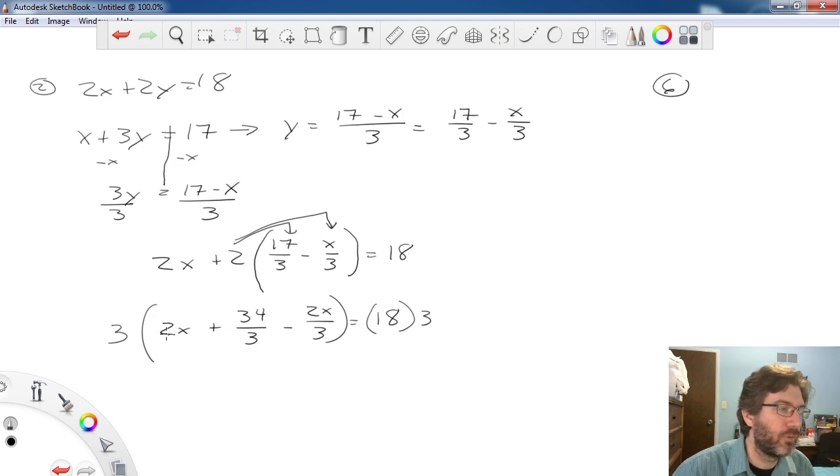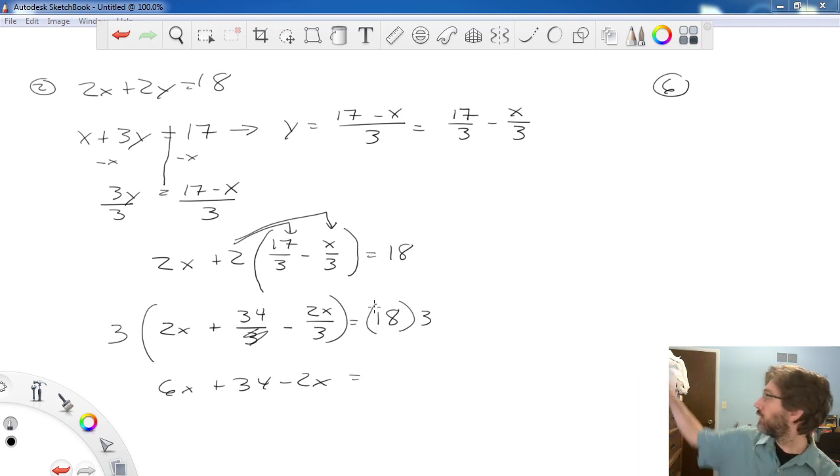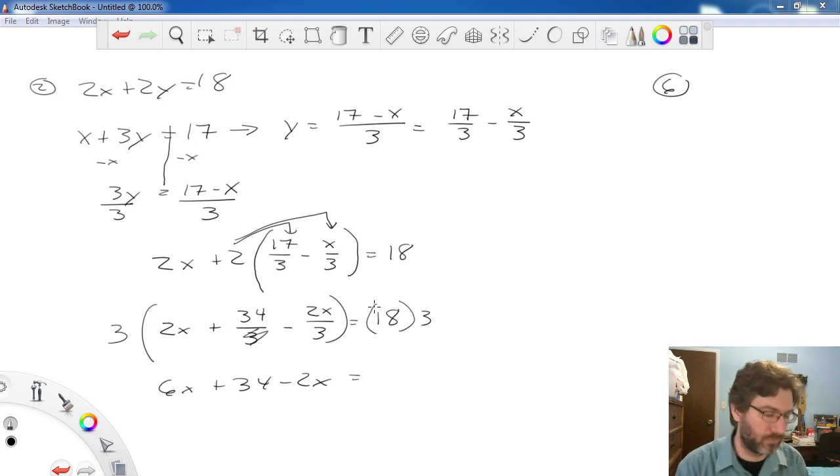So go ahead and do that. 3 times 2x is 6x plus, and then it's just going to get rid of your denominator. So it's going to be 34 minus 2x equals, and then 18 times 3 gives you 54.